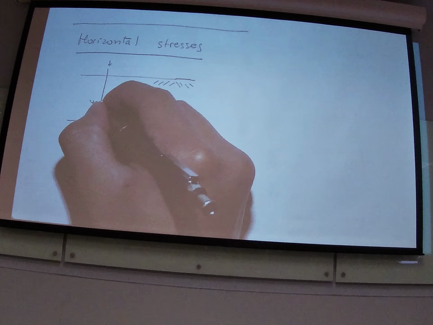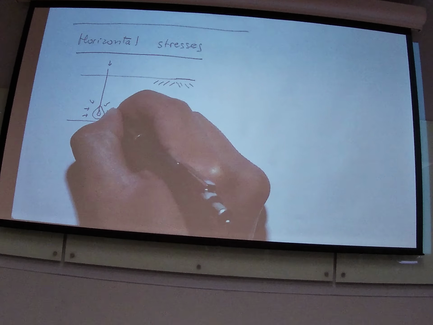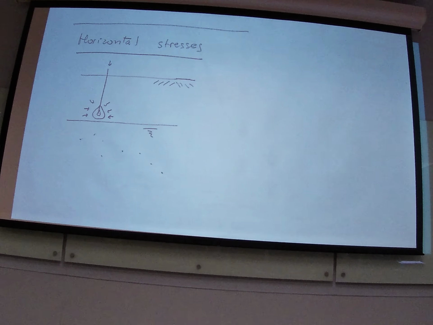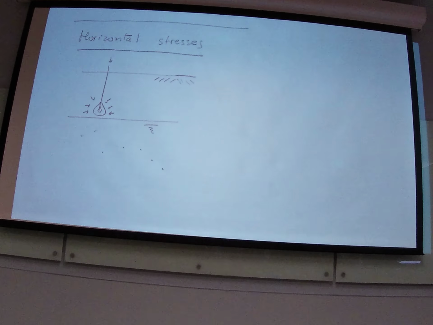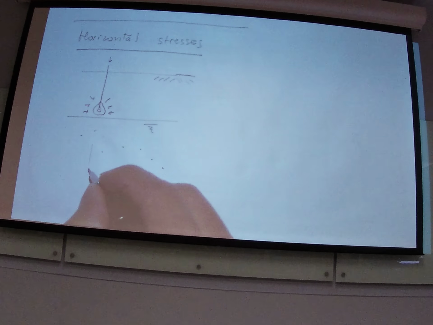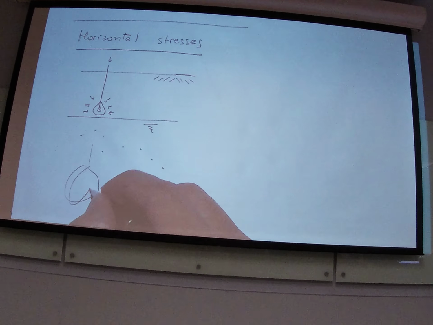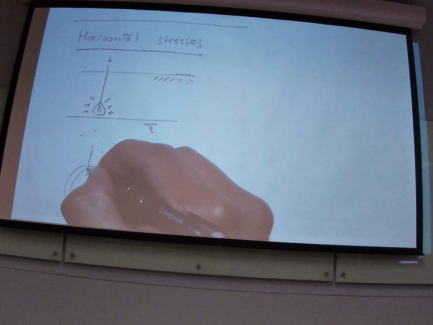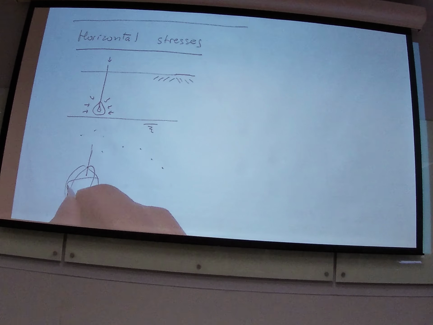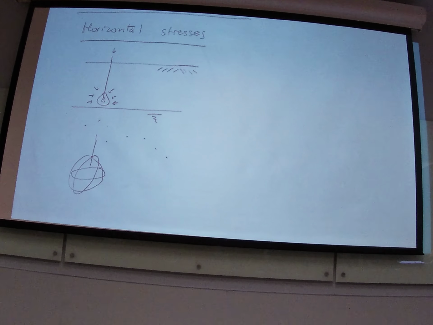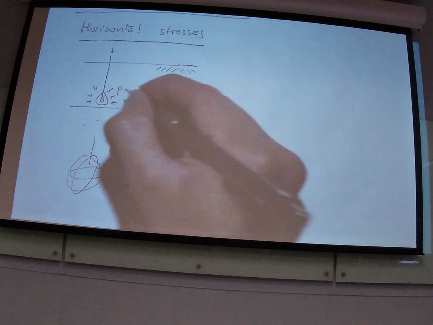The pressure in all directions is the same. The balloon, let me draw here another kind of three-dimensional view. It's going to be more or less spherical. The pressure is the same in all directions.